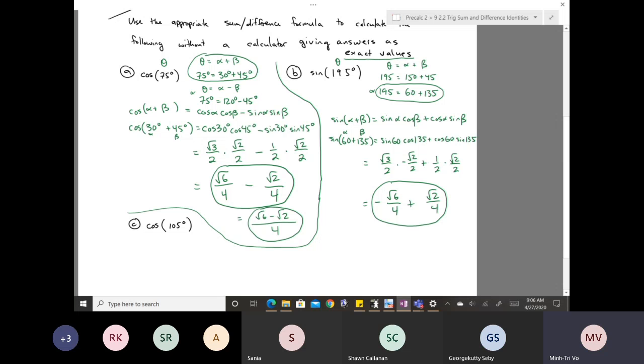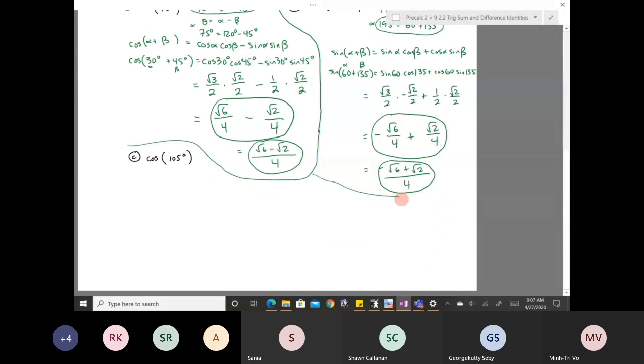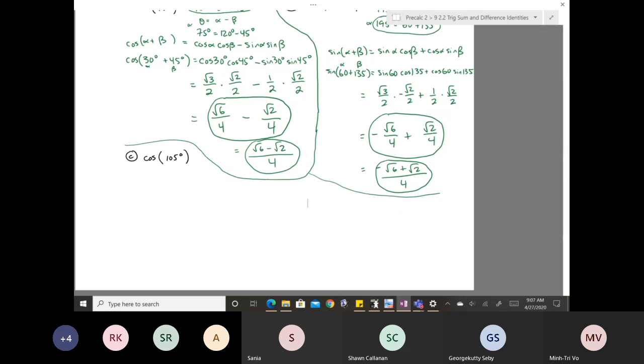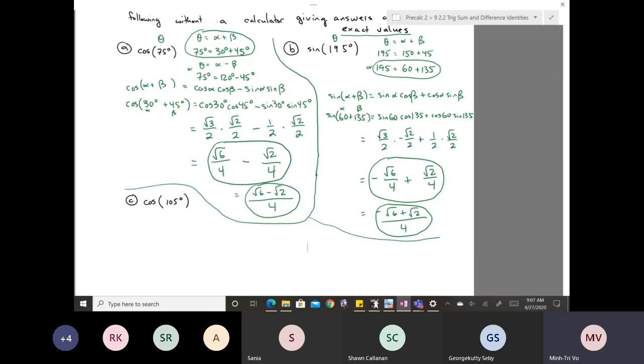Or if you prefer a single fraction, you can write it as minus square root of 6 plus square root of 2 over 4. Okay, any other questions on this example?